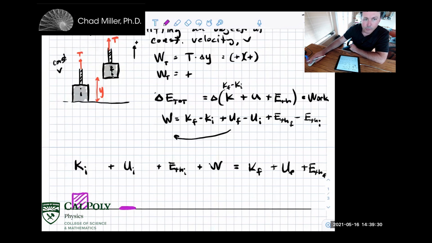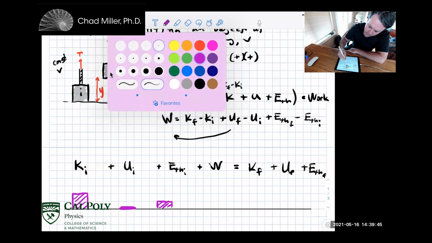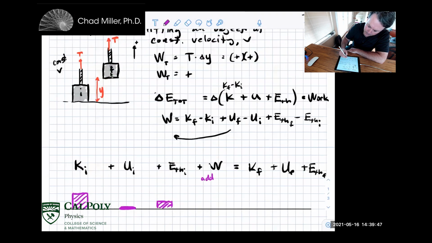This is probably at room temperature. It's not at absolute 0. I'm going to say we're going to give it 1 box of thermal energy. And we are going to add joules, because we have positive work done by the force of tension. How much am I going to add? Let's put 3.